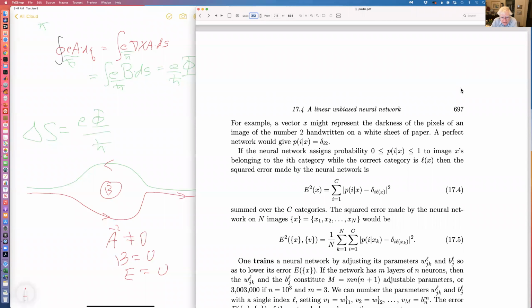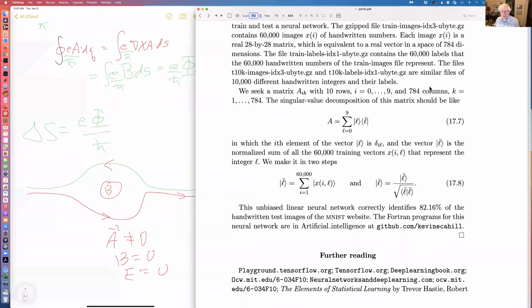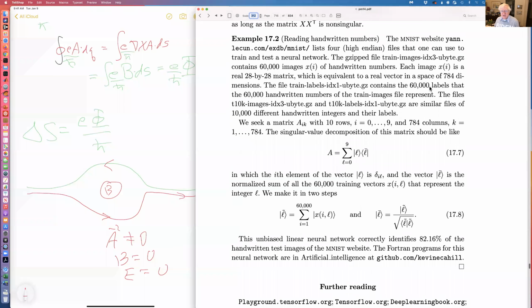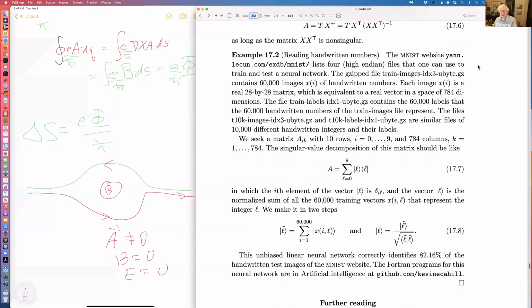AI people don't think about it this way, although probably some of them do. What you can think about is, let me just describe a particular example that I worked out in some detail.